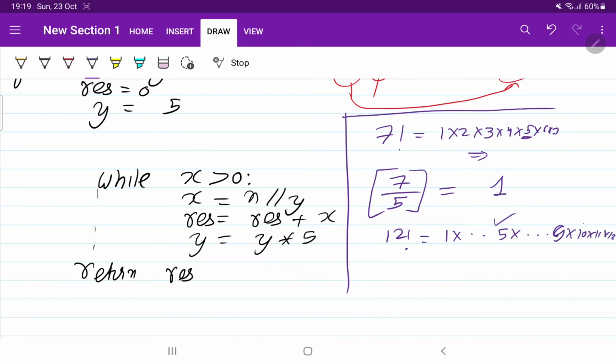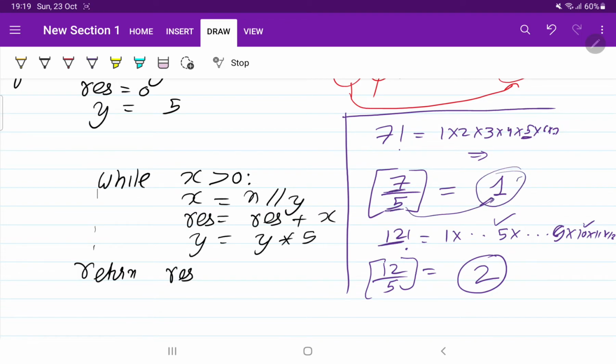So we know that there will be 2 zeros. Let us see: if we divide the number by 5, we get 2. So if we divide 7 by 5, we get 1 and 1 is our answer. If we divide 12 by 5, we get 2 and actually 2 is our answer. So is it the correct approach, or do you still have to think?